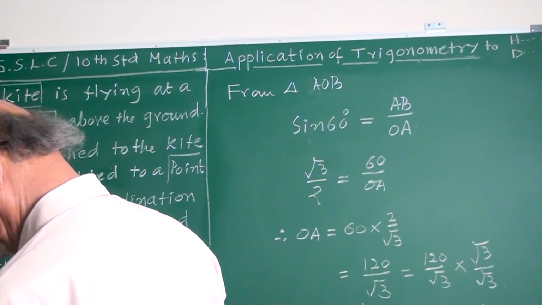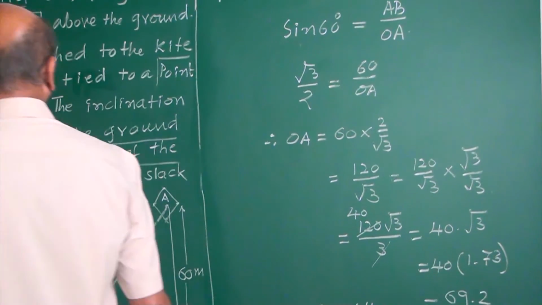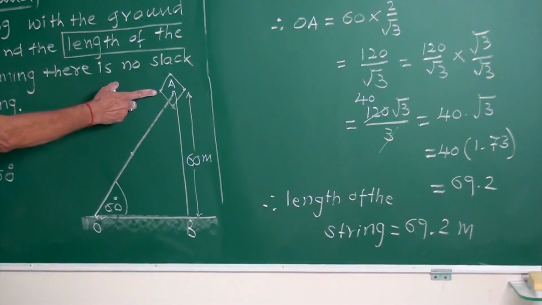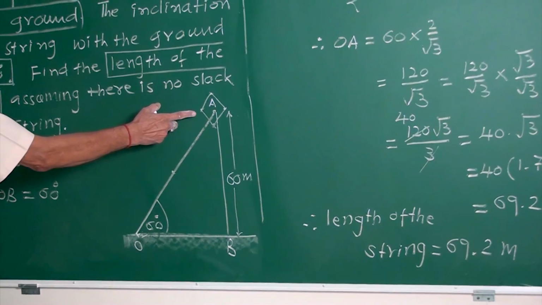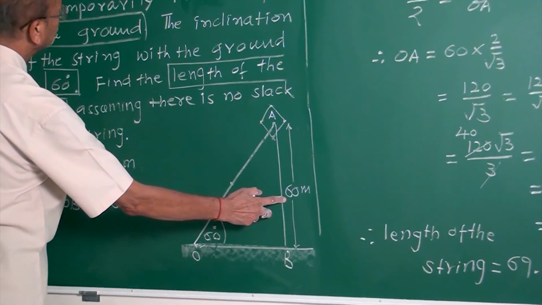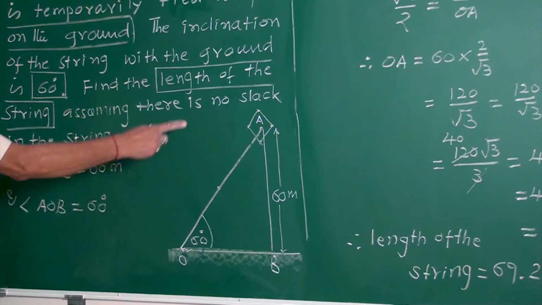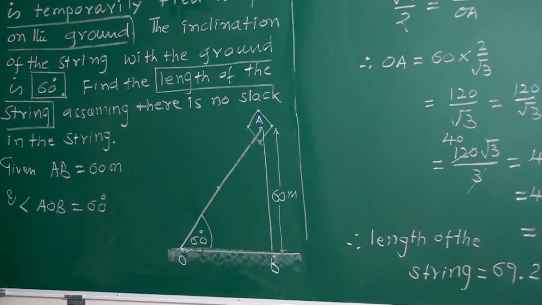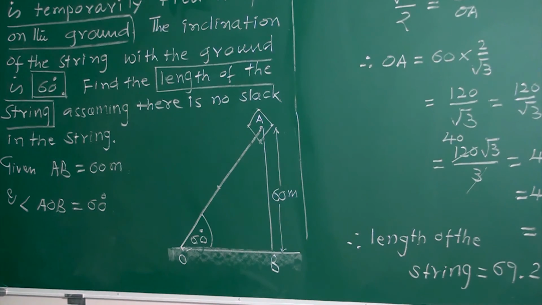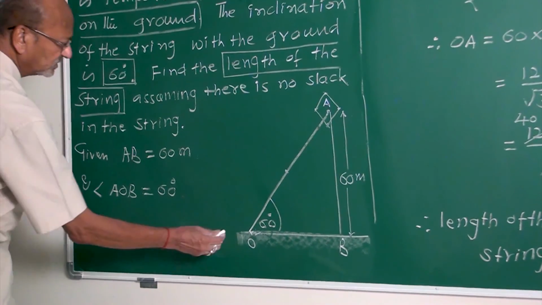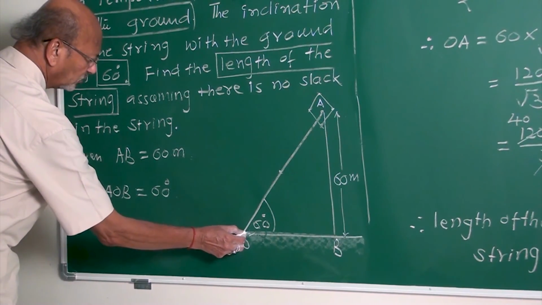See, friend. A kite is flying at a height of 60 meters above the ground. The string attached to the kite is temporarily tied to a point on the ground.